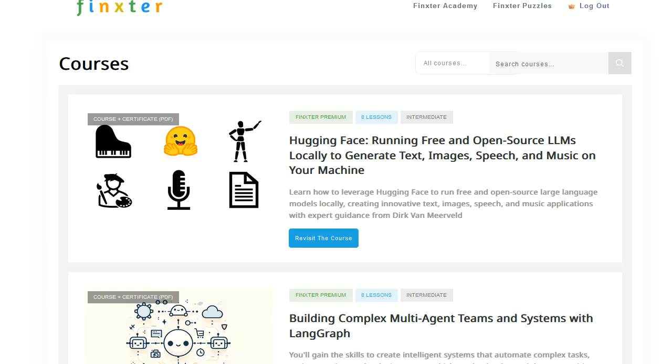We have a lot of courses designed to keep you on the right side of change, or push you on the right side of change if you're currently on the wrong side, by teaching you the knowledge needed to become an AI engineer yourself. So become a disruptor instead of getting disrupted. For instance, how to access Hugging Face, how to run free and open source large language models, and generate text, images, speech, music on your local machine with your crappy GPU.